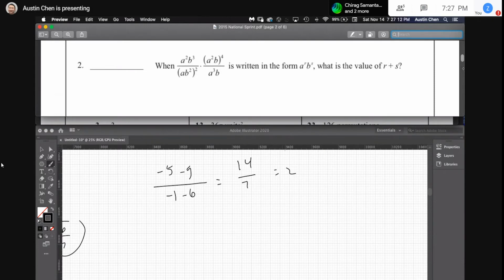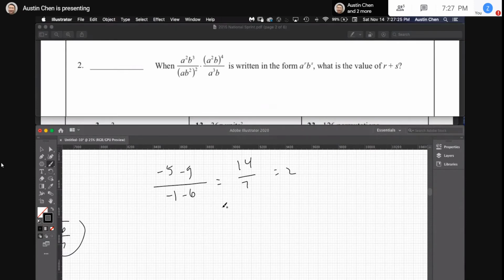When all that is written in the form a to the r times b to the s, what is the value of r plus s? Basically, we just need to apply a lot of exponent rules to simplify it into that. It should also be pretty easy as long as you know algebra 1, right, Bill? Yes.